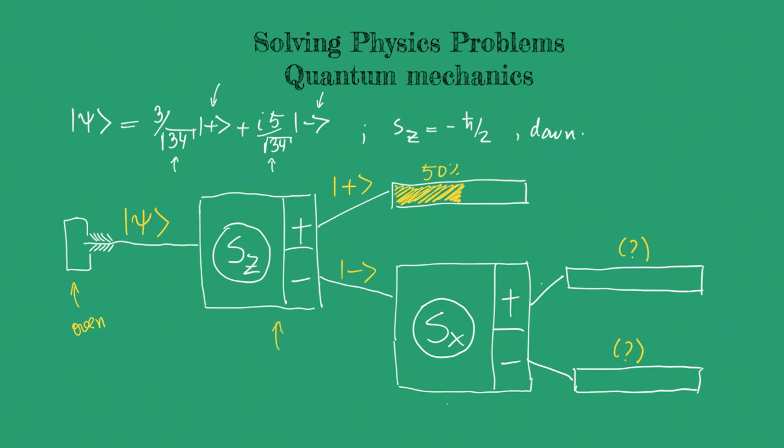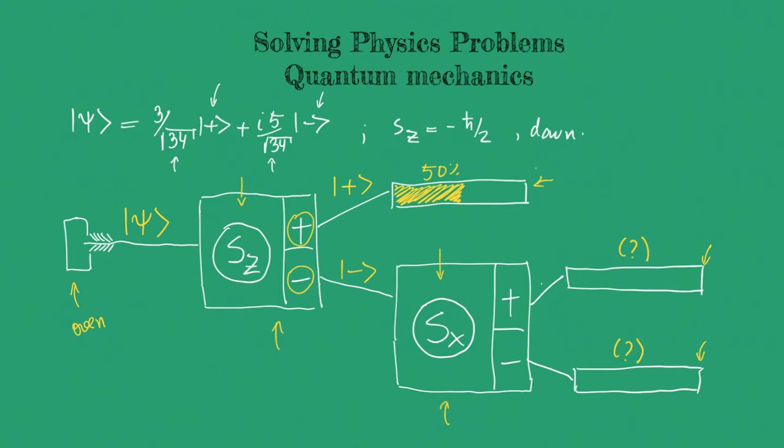These are the Stern-Gerlach analyzers, or sometimes called Stern-Gerlach devices, with two output ports for two possible values of the spin component, aligned along the z-axis in the case of this Stern-Gerlach device, and this one is aligned along the x-axis. These are counters to detect the atoms leaving the output ports.